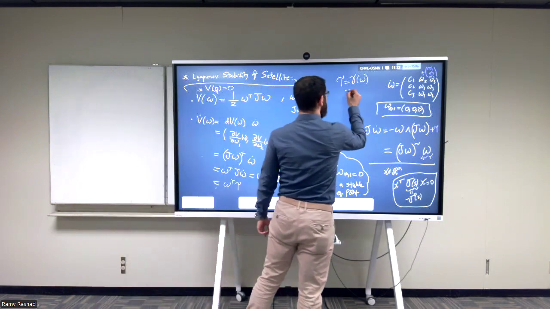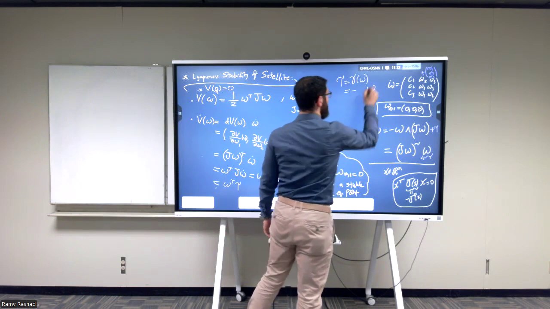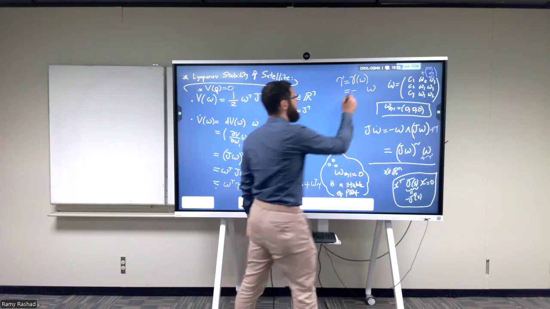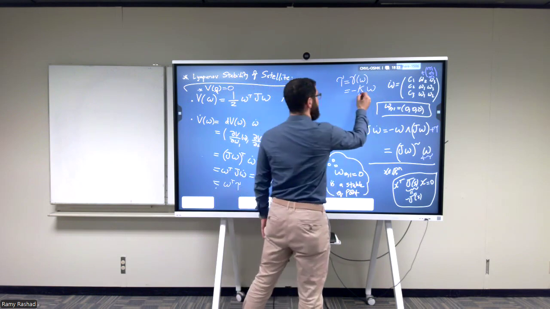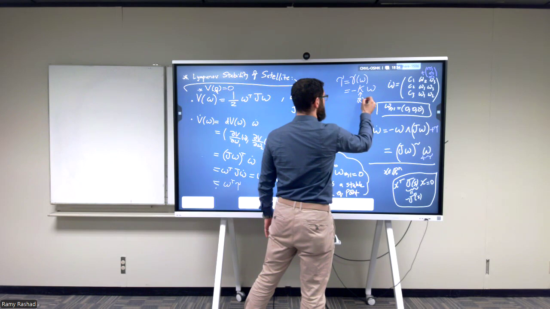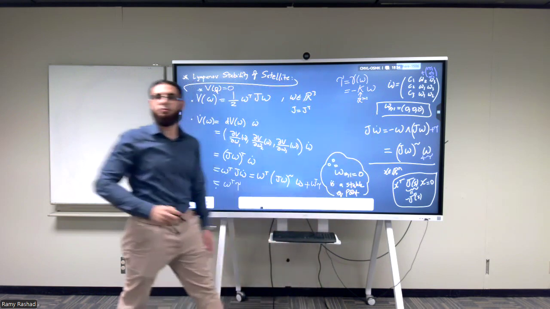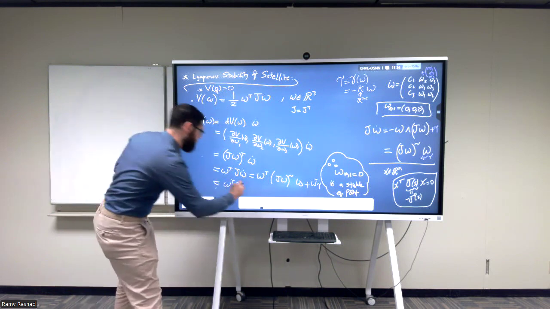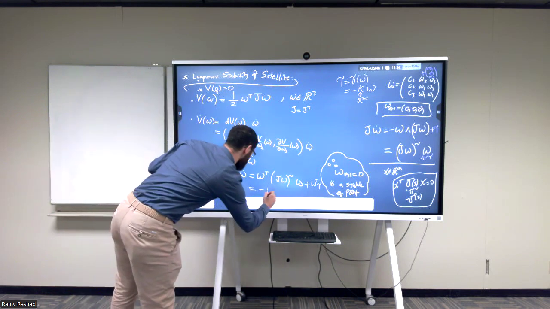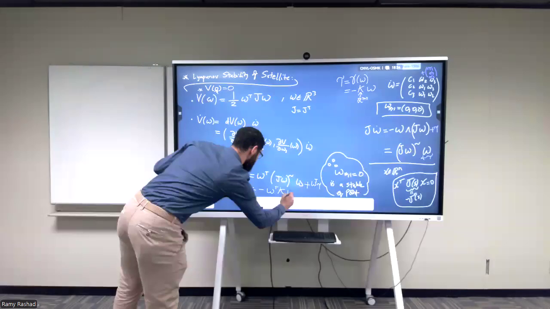Exactly. We can choose tau equal to minus omega, or in general, minus k multiplied by omega, where k here is a positive definite 3 by 3 matrix. If I plug this in here, you see that I'm going to get this expression.